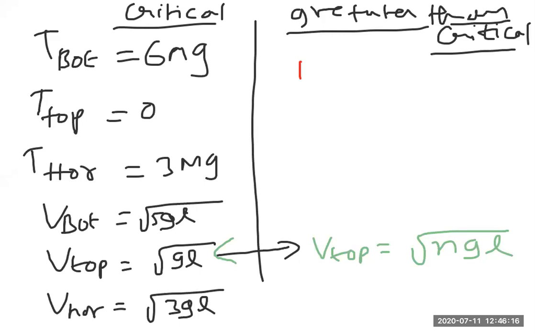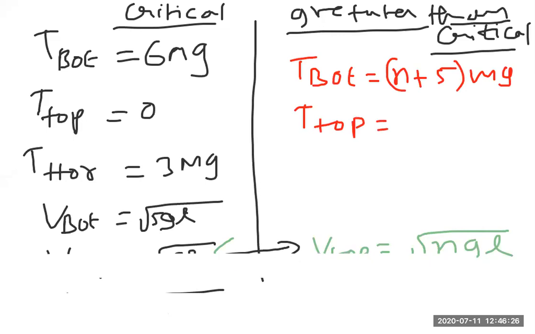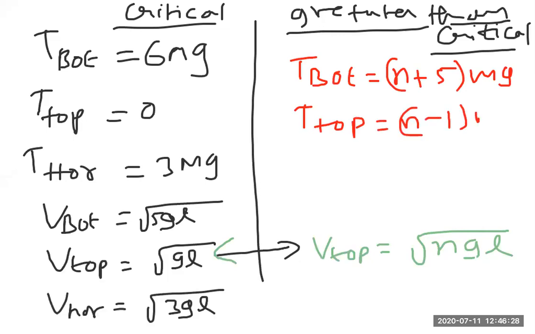Tension at the bottom is equal to (N plus 5) mg. Tension at the top is equal to (N minus 1) mg. Tension at horizontal is equal to (N plus 2) mg.